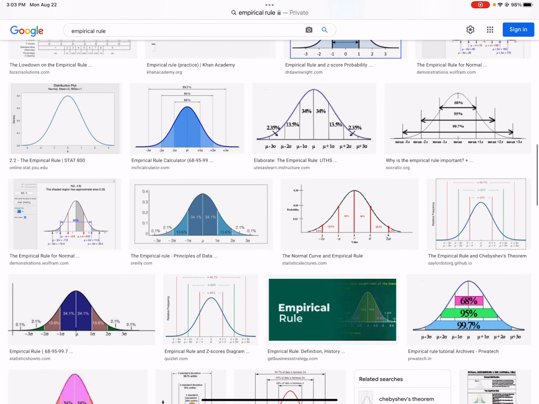I took a picture and made a copy. So this is the one that I use, and I just copy the shape. You can use either this one or the one in your book. Now we go back to our problem.